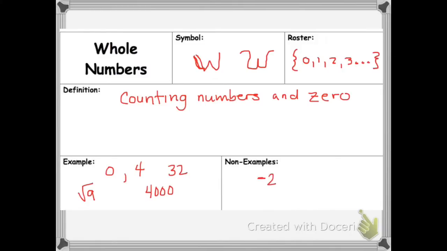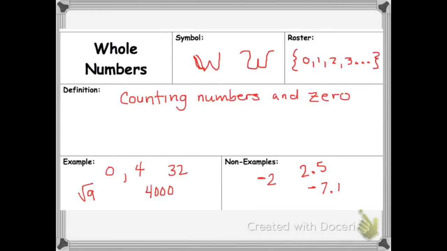Non-examples would be your negatives. Other non-examples would be your fractional values, like no decimal fraction or decimal pieces in the whole numbers. So like 2.5, not a whole number, or negative 7.1, not a whole number. Whole numbers, again, just like whole pieces, no fractions or decimals.